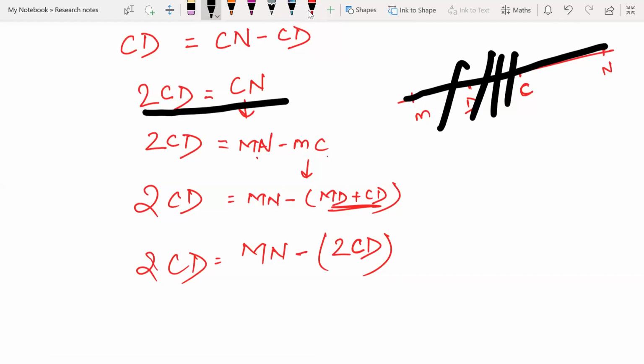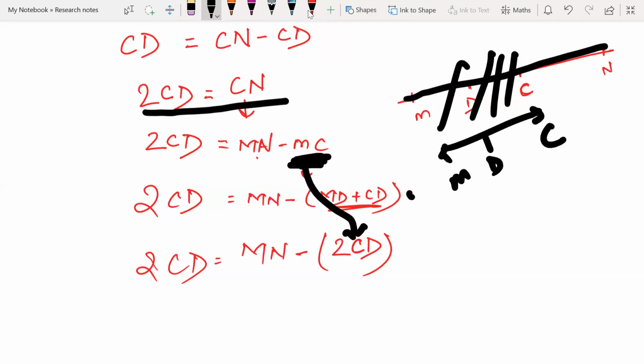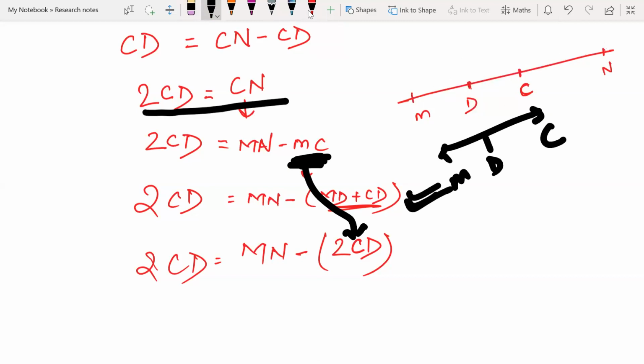This MC and all is not required. So directly you can write at the place of MC, MD plus CD, or directly it is nothing but 2CD. Are you getting it?